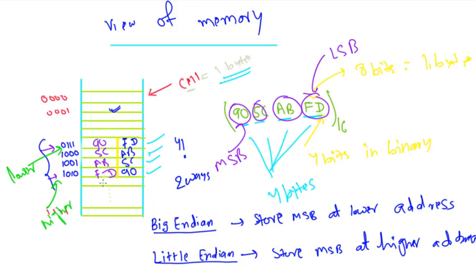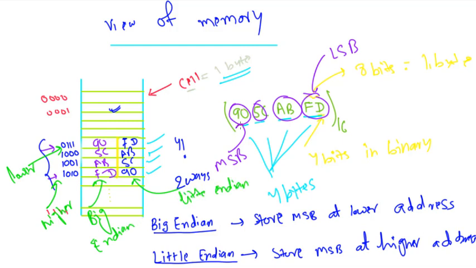Now you can identify under which Endianness this storage comes. Is this Little Endian or Big Endian? As you can see here, 90 is MSB and 90 is stored at the lower address. So it stores MSB at the lower address, hence this is Big Endian. And this is Little Endian.